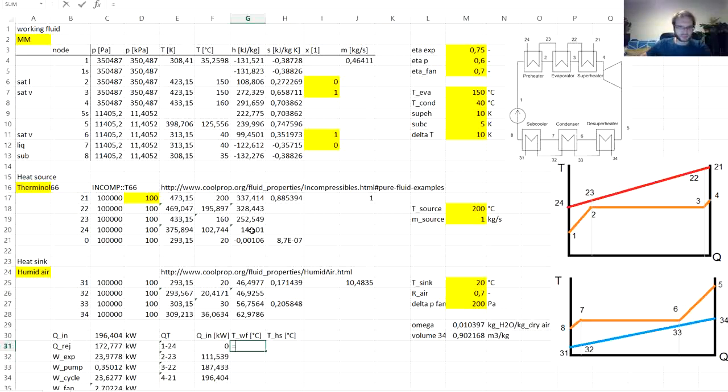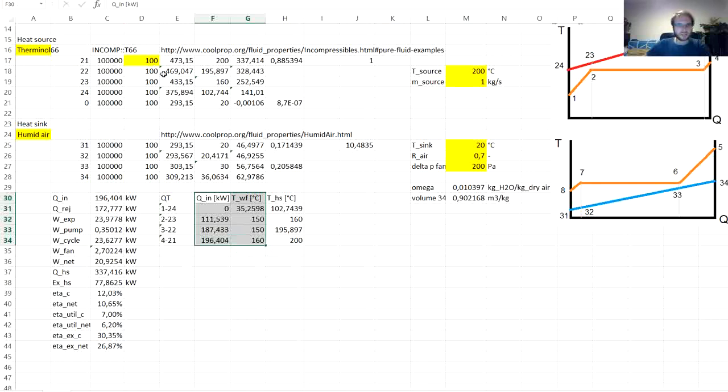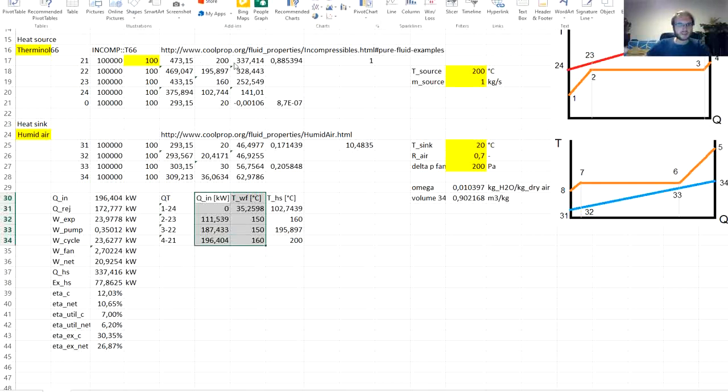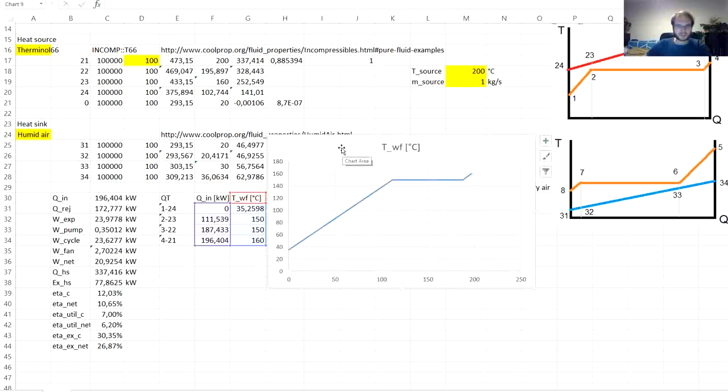And now the temperatures. So for the working fluid, it's temperature 1, temperature 2, and 3 and 4. And for the heat source, temperature 24, 23, 22, and 21. Now we can take these values and put them in a scatter plot.